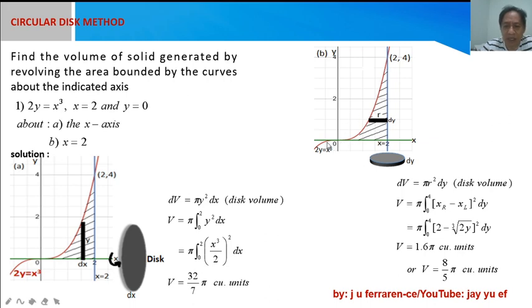If you simplify this, solving for x, it can be the cube root of y squared, correct? So, put that into square and then integrate. So, you will arrive at the answer, which is equal to 1.6 pi cubic units. Or in terms of fractional value, it can be 8/5 pi cubic units as our answer. Okay?